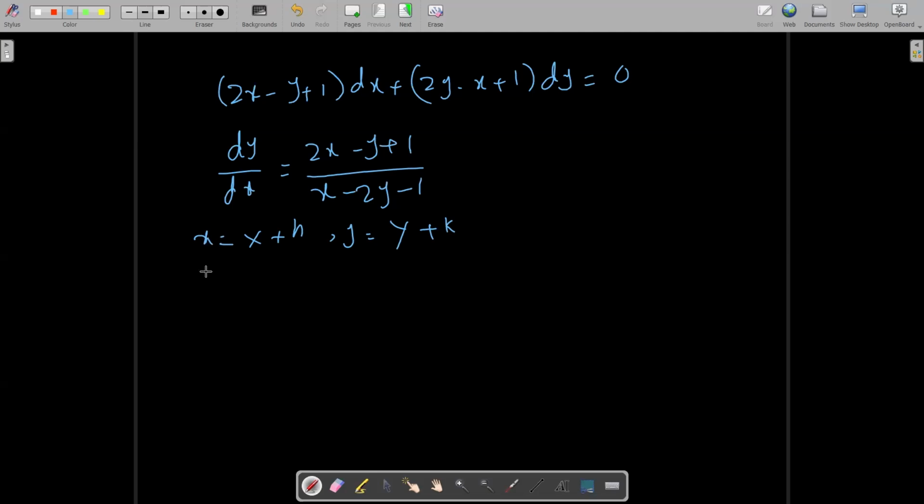And one more thing, we have to convert small dy by dx into capital dY by dX because we're going to introduce new variables, capital X and capital Y. Therefore, we have to find the derivative dy by dx in terms of capital X and capital Y. If you take the derivative on both sides with respect to capital X, the derivative of capital X would be 1, and the derivative of h and k are constants, so it will be 0.